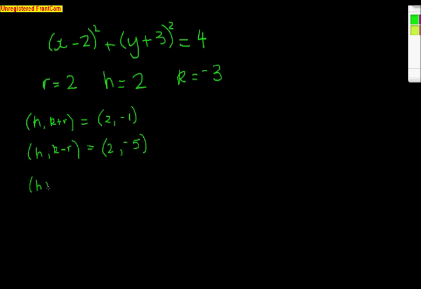Then h plus the radius, k: 2 plus 2 is 4, and k is negative 3. And the last one, h minus the radius, k: 2 take away 2 is 0, and negative 3.